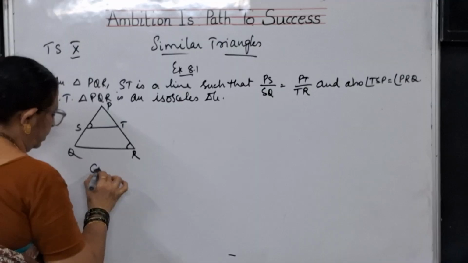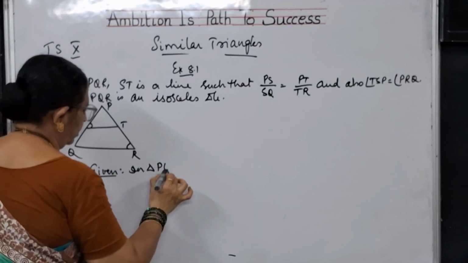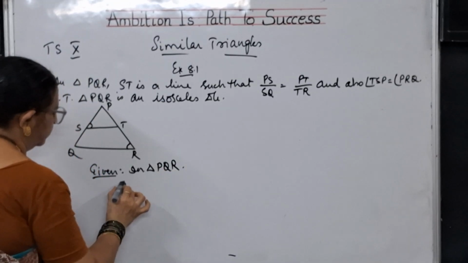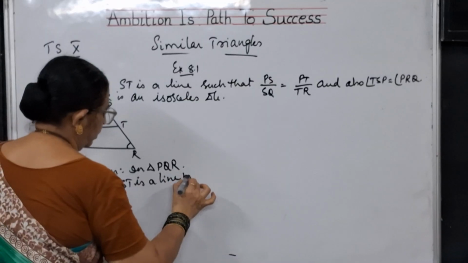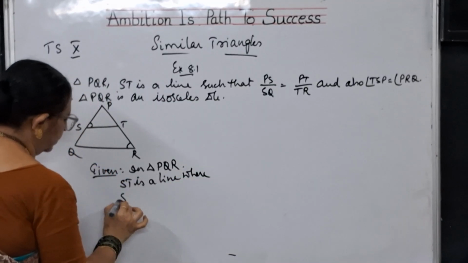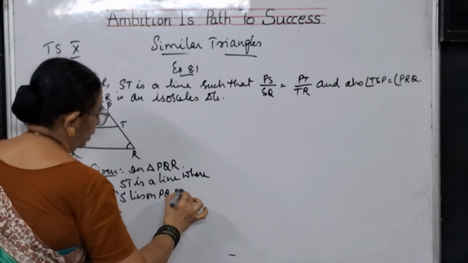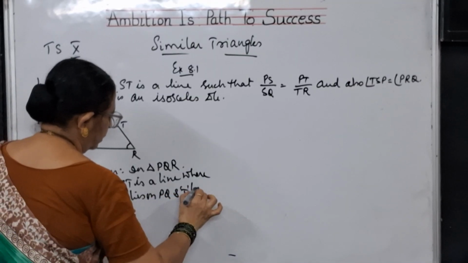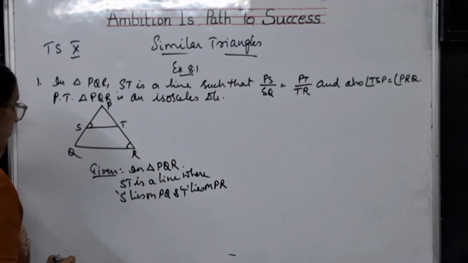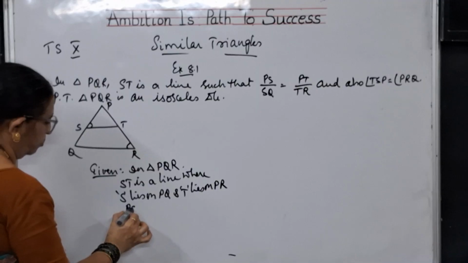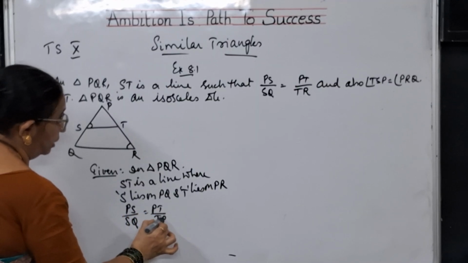So what is given to us? In triangle PQR, ST is a line where S lies on PQ and T lies on PR. And also they have given that PS by SQ is equal to PT by TR.